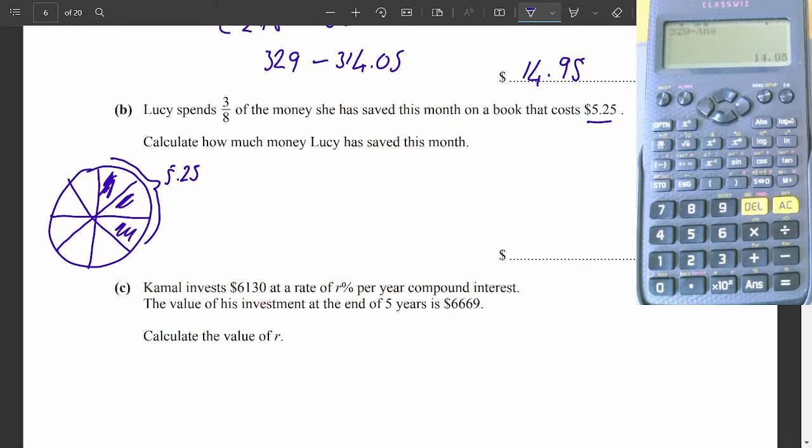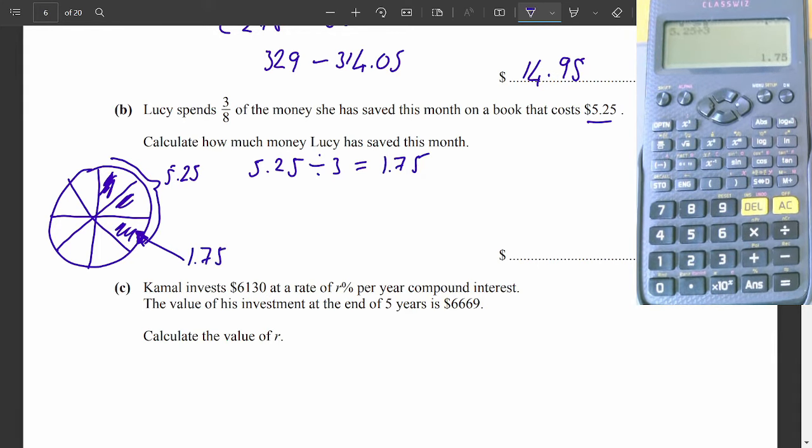So this here, in terms of pizza money, is $5.25. We want to know how big the whole pizza is. So the first thing we can do, we can take this $5.25 and divide it by 3. Then we'll know how much is one slice. Okay, let's do that. 5.25 divided by 3.